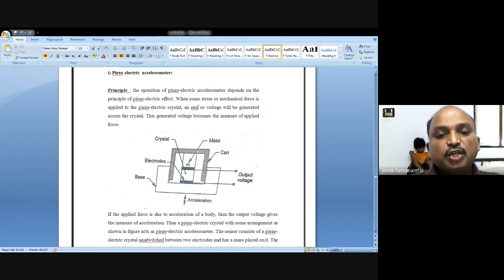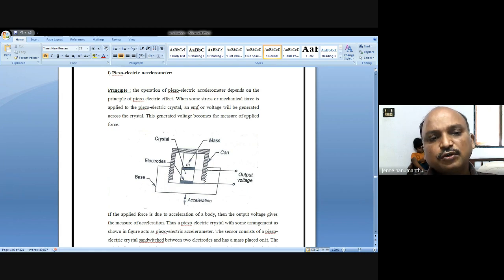Because how do we write Q? Q is nothing but charge. The charge depends on force. How do I get force?